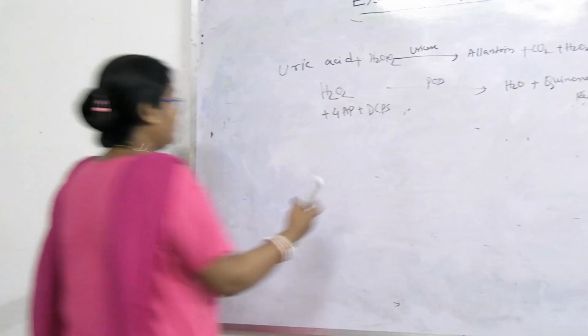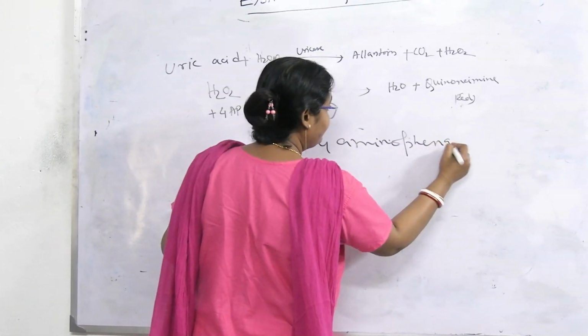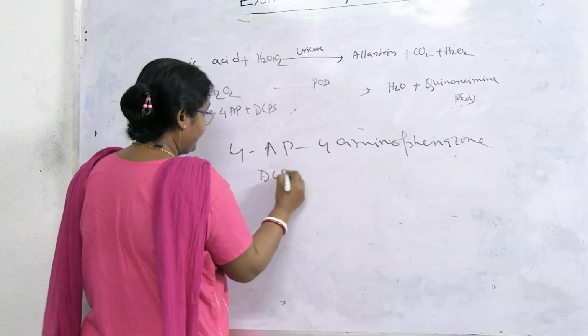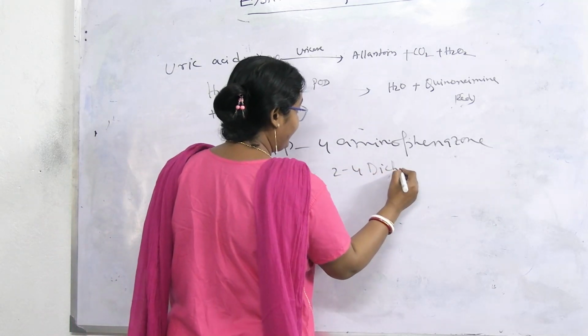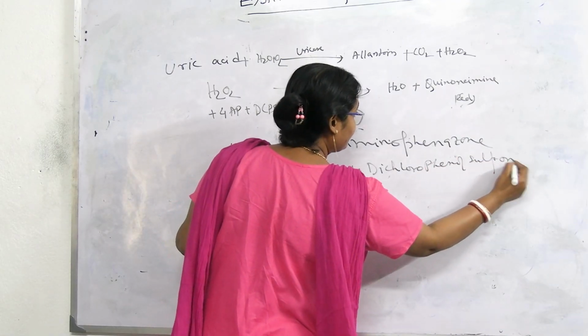2,4-dichlorophenol sulfonate. 4-AP is 4-aminophenazone and DCPS is 2,4-dichlorophenol sulfonate.